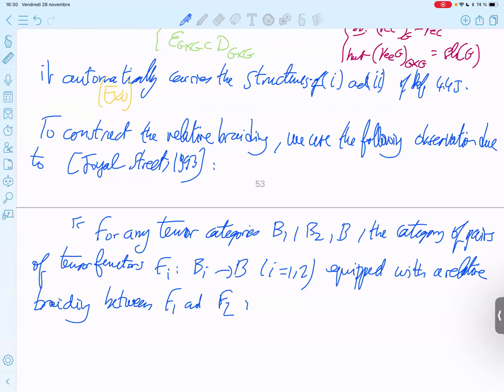So this category is canonically equivalent to the category of tensor functors from the Deligne tensor product of B1, B2 to B.